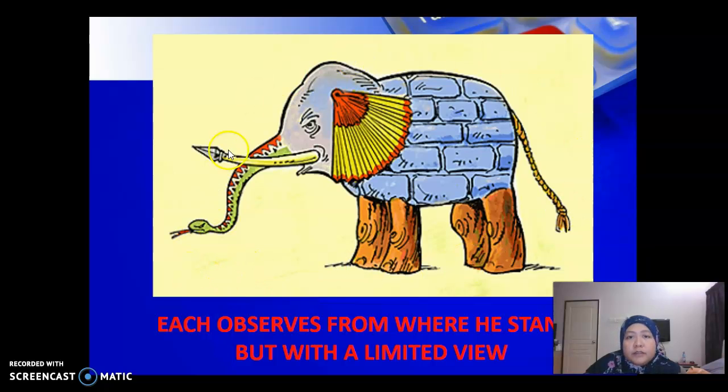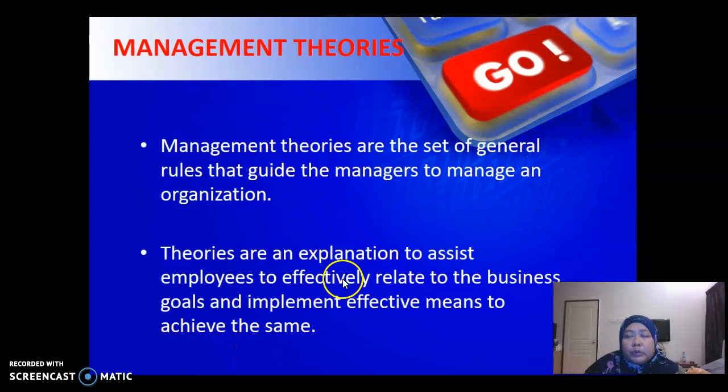What the story tells you is that each person observes from where he stands, but with a limited view. What people see, and their perception, is based on what they observe. This is actually to describe the management theory. The theories are explanations to assist the employee to effectively relate to the business goal and implement effective means to achieve it.